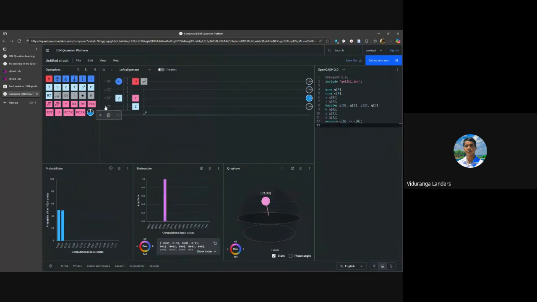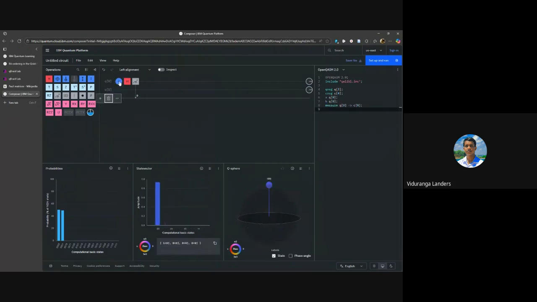Let me quickly demonstrate it. So what that person has suggested is basically this. You create an equal superposition.